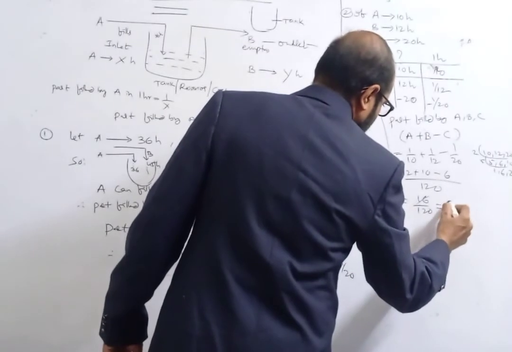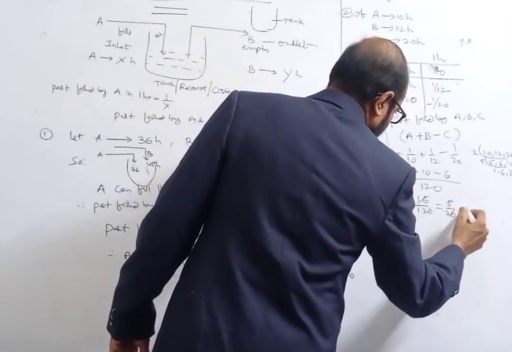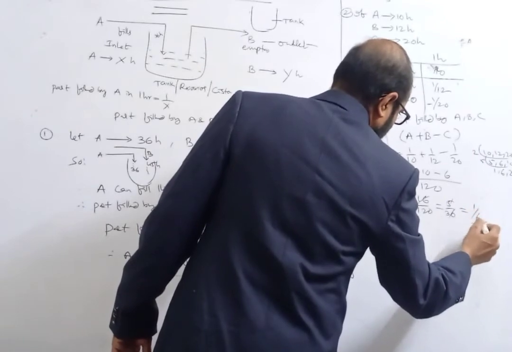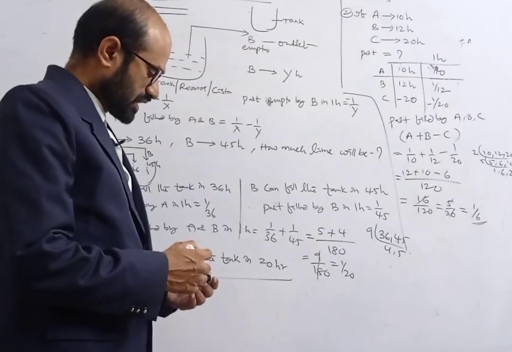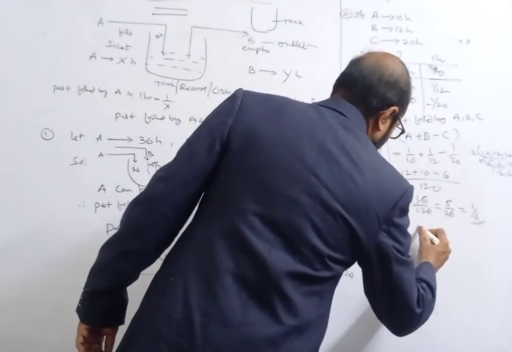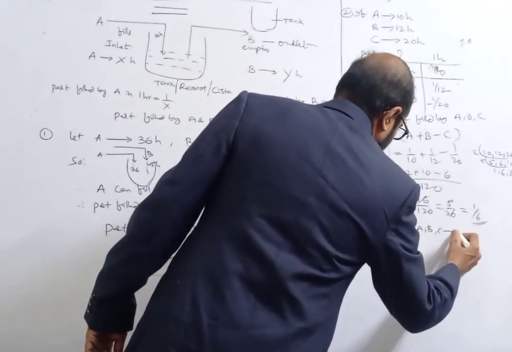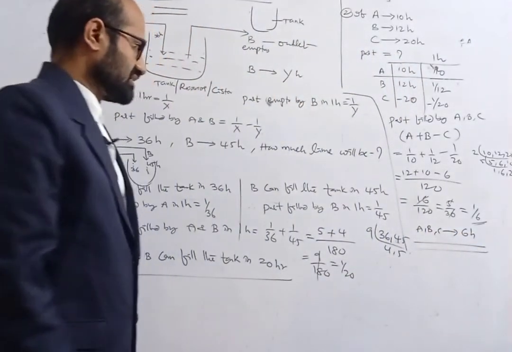Now 4 5s are 20, 4 30s are 120, so 1 by 6, right? So the part filled by A, B, C is 1 by 6. It means A, B, C can fill the tank in 6 hours, right?